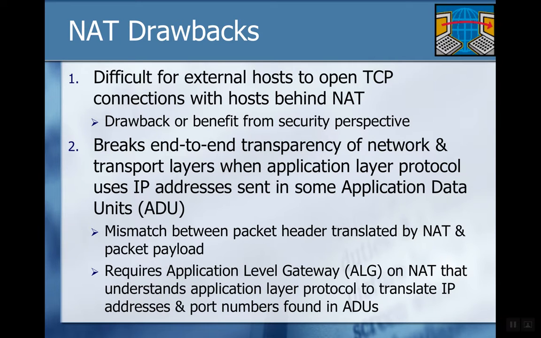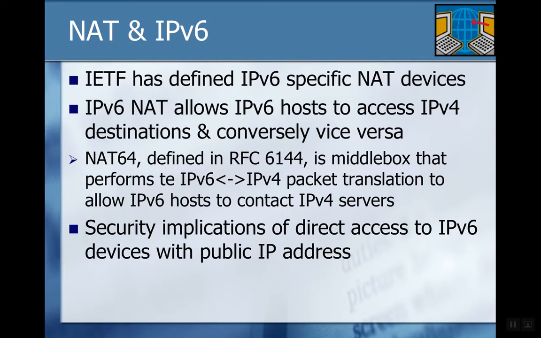So sometimes you can have issues with NAT at the application layer, with expectations of a seamless end-to-end connection, and moving it through the NAT device could potentially introduce something into the network that might mess things up a bit. So, IPv6 and NAT: there are IPv6-specific NAT devices.